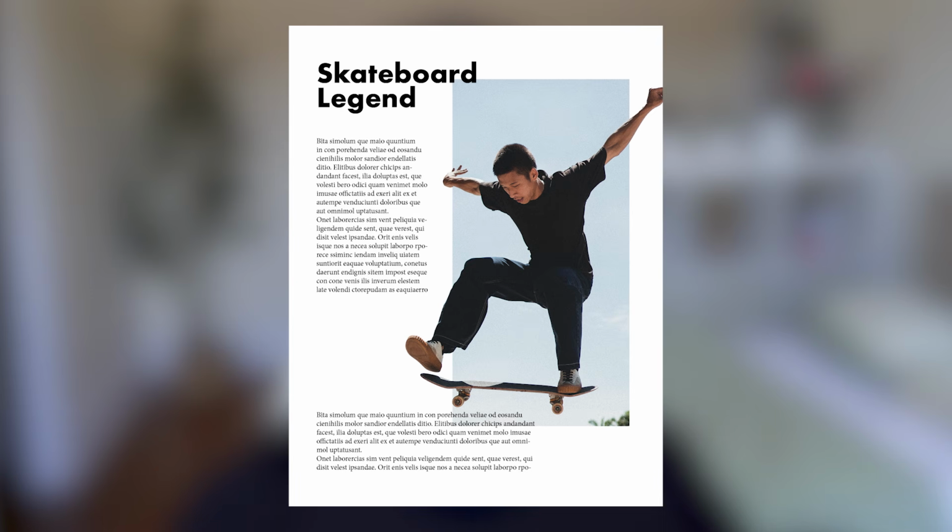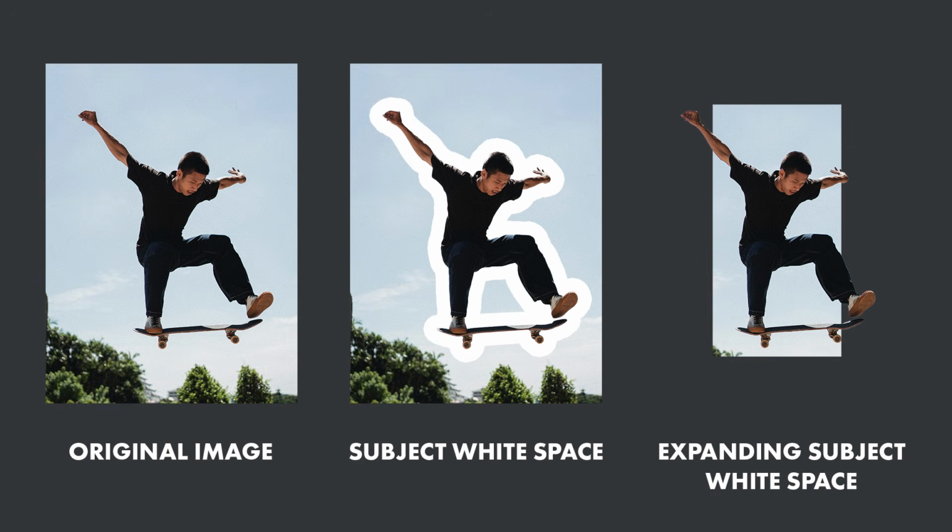Now, if we take this concept and we really think about it a tiny bit further, I'm going to bring up this layout that we had in one of our previous videos. We can think of the subject in this image as the dude that's actually on a skateboard doing a cool flipping trick, right? So if he is the subject and if he is the thing that we want to draw attention to, let's give more attention to just the subject. So in this actual image, we are cropping out what's less important, which is the background, and giving more white space onto the actual subject itself.